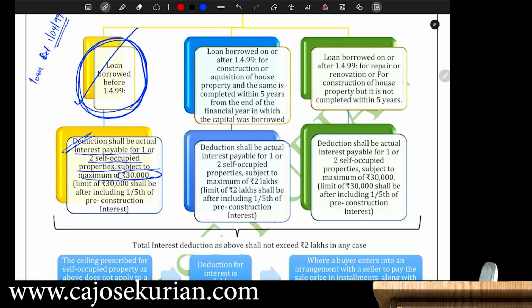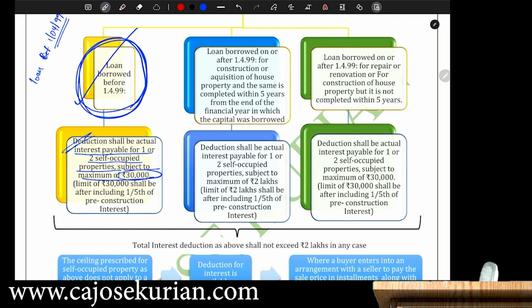Now there is one more thing. As you all know, when you claim a year's deduction, there will be 1/5 of the pre-construction period interest and the current year interest.